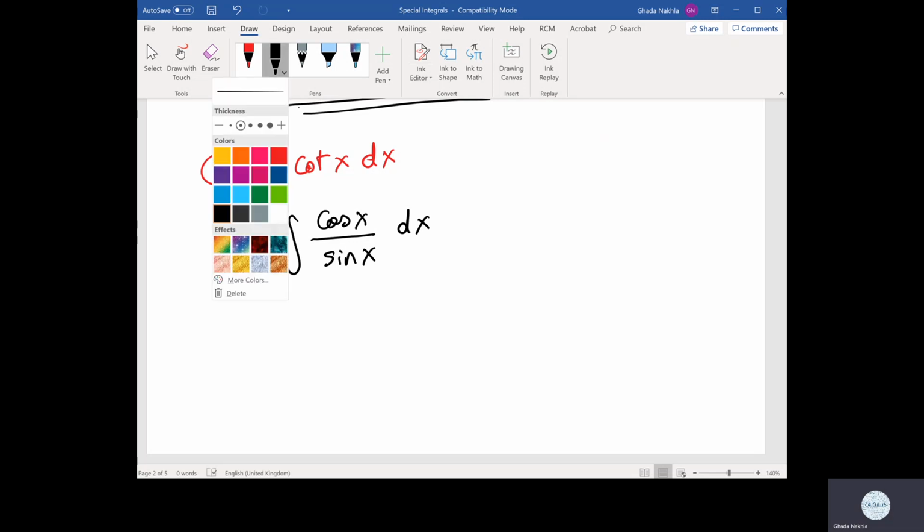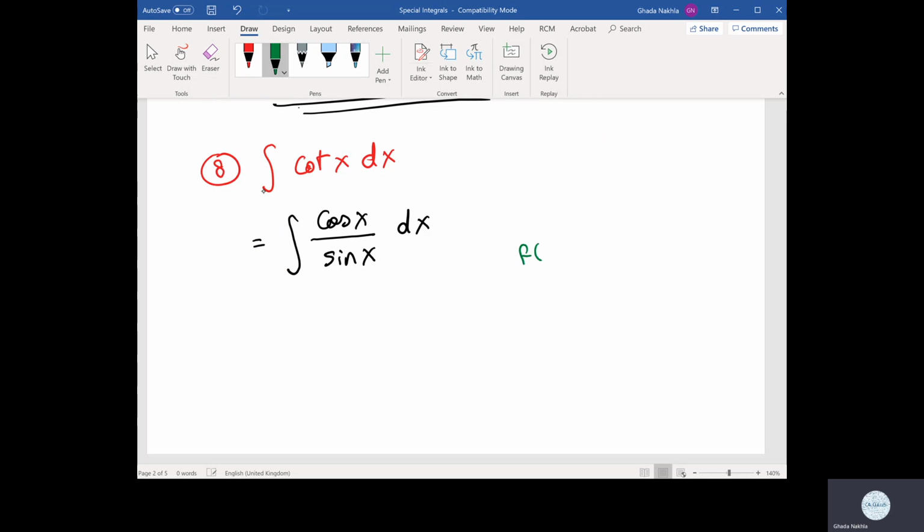Now imagine that your f of x is the denominator, which is sine x. So f dash of x is, when you differentiate sine, you get cos x.